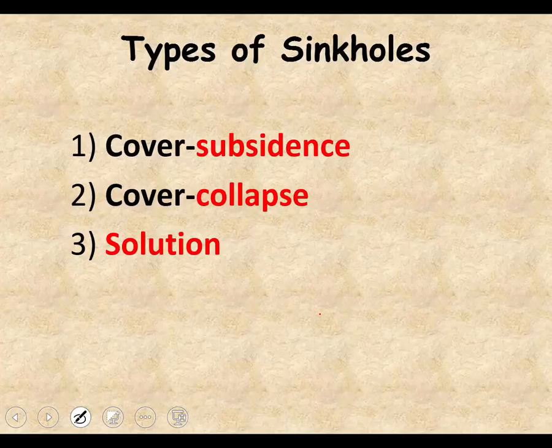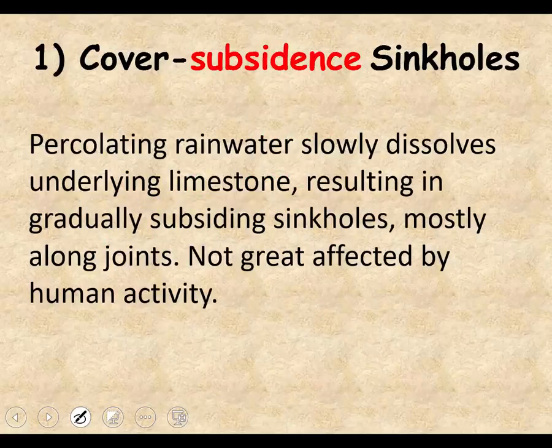But we really need to pay attention to how they form, because they are, in fact, not a relic feature, but they continue to form today. So we're going to look at three types of sinkholes, and here I'm mainly talking about carbonate sinkholes: cover subsidence, cover collapse, and solution. Okay, so let's see what those are.